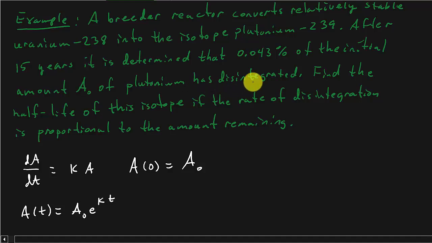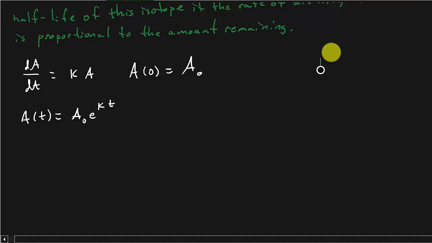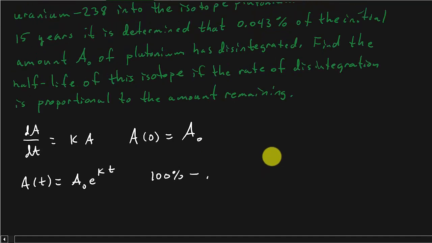All right. So if we take 100% minus the 0.043%, that is going to equal 99.957% remains after 15 years.